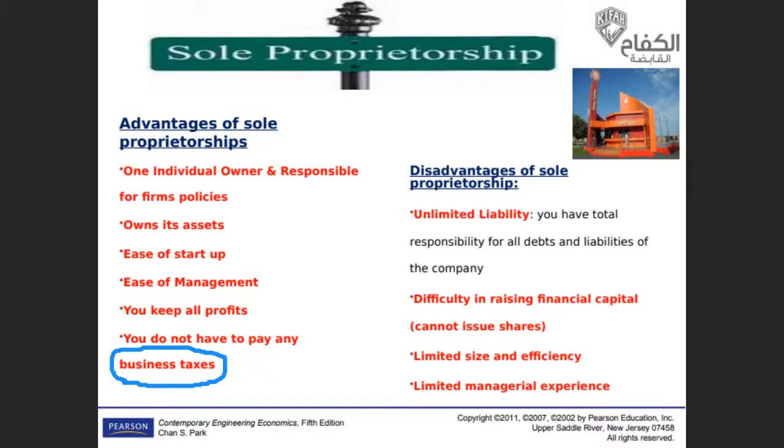Personal tax in the US is maybe 5% to, let's say, 20%, normally in this range. In business, the tax rate may be 30% of your income, sometimes up to 50% depending on the business. So the tax rate is different, but if your business is registered as a sole proprietorship, you pay tax based on the personal tax rate, which is less. That's why it is one of the advantages.